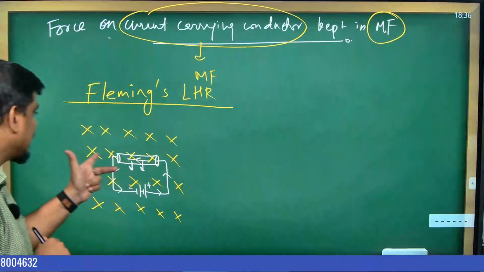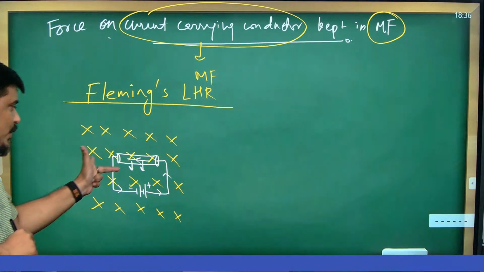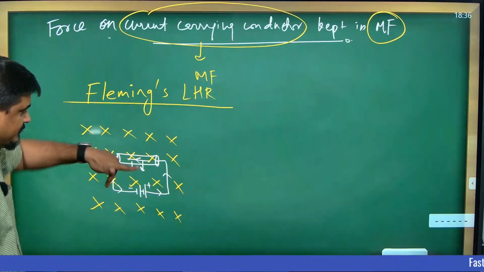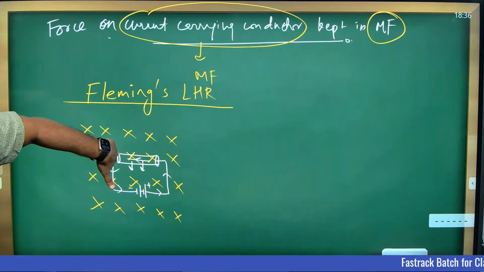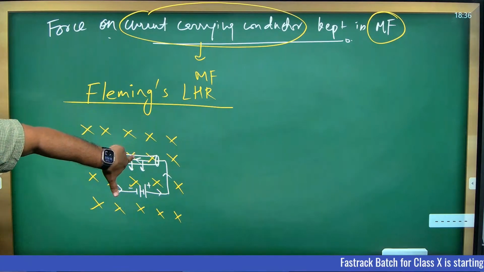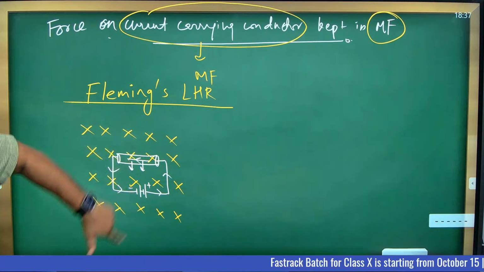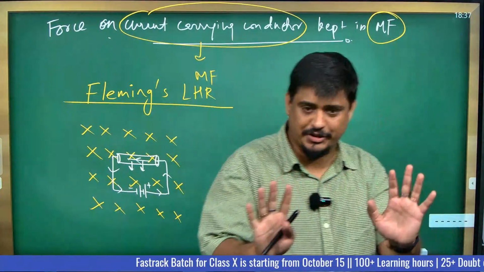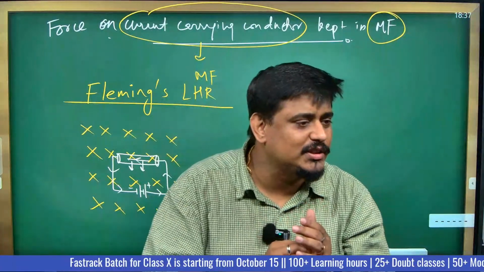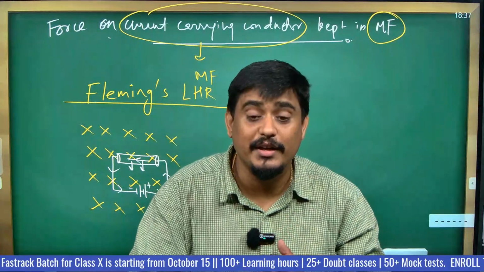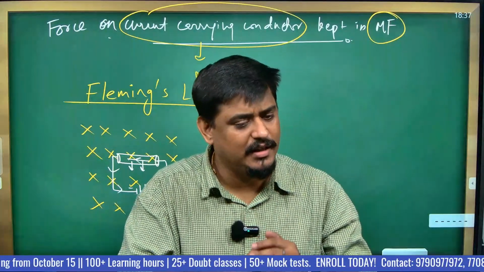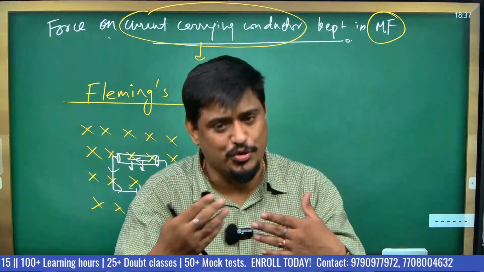In this case, magnetic field was going into the plane, current was going towards left, and my thumb is pointing downwards. So the answer is downwards. In board examination, you will get questions from direction of force, and there is a great chance of making a mistake.